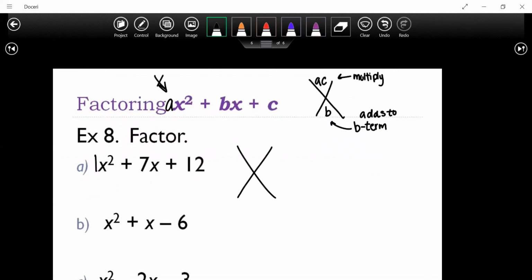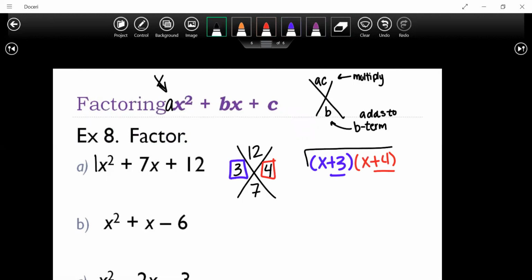What multiplies to give you 12 but adds up to give you 7? It'd be what? 4 and 3, right? These become our terms at the end. So this is going to have 3, which would be x plus 3. And then the 4 is going to be my final term, which will be x plus 4. And that's our factored form. We're done.